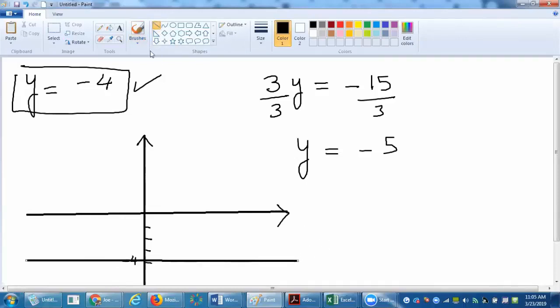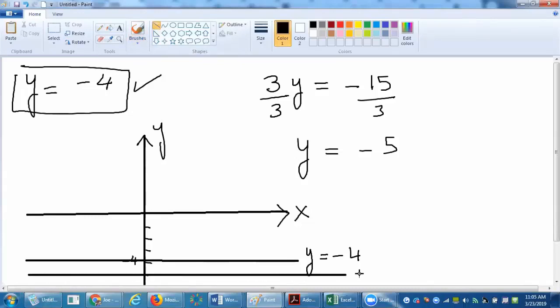And that would be the graph of the line y equals -4. So y equals a constant is a horizontal line, while x equals a constant is a vertical line. Same for y equals -5. We can look at -5, which is somewhere here, and draw a horizontal line. And this line now is y equals -5.